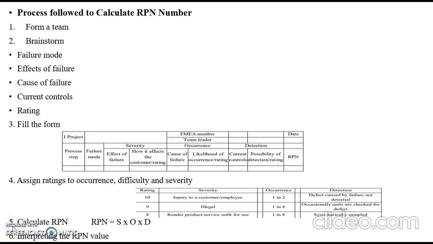In this, severity: a failure severity ranking is based on the perceived seriousness of the effect to the next component or phase of the product process. Thus, it should be most closely aligned with the effect of failure. This is also based on how the failure would affect the customer.